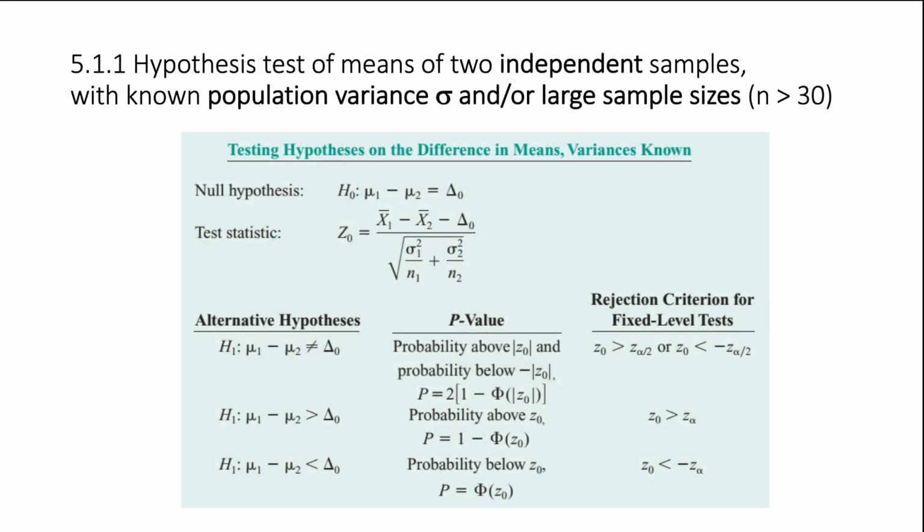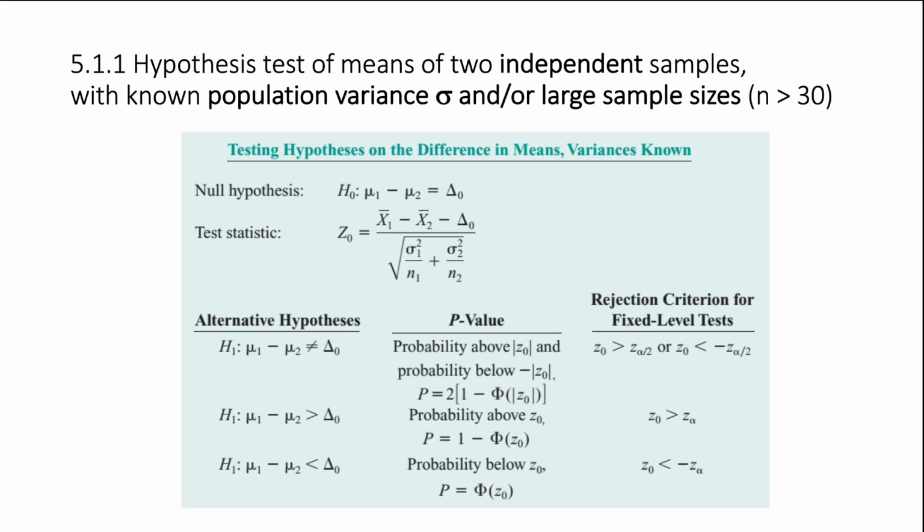The hypothesis test of the mean of two independent samples with known population variance and/or large sample sizes can be conducted following this scenario. As usual, first we have to determine the null hypothesis. Remember, the null hypothesis always contains equality.